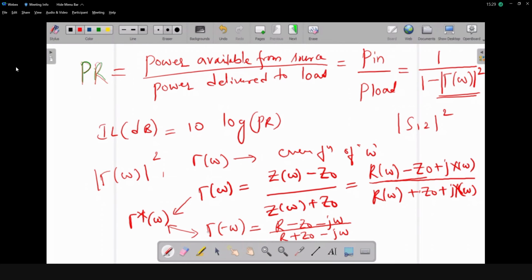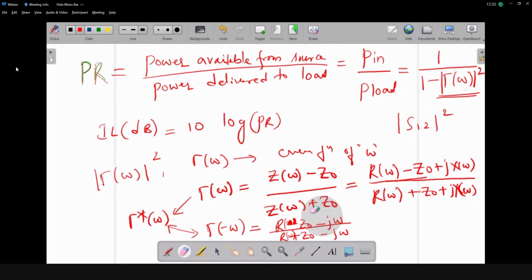Is it not? Because this is a real function, if I take the minus of ω, whatever R(ω) is, it is a real part. So that R(ω) is here. So this is a real part, and only the reactive part is going to change. So I rewrite the expression.